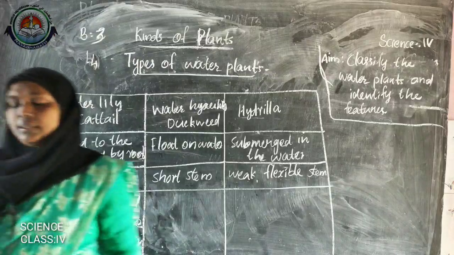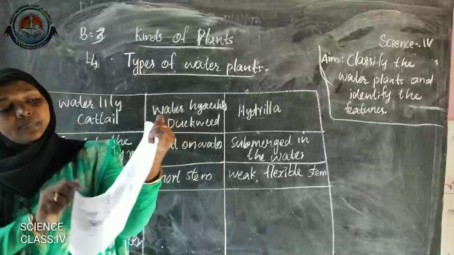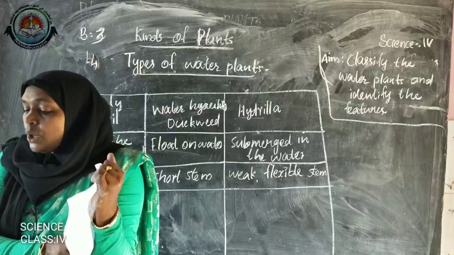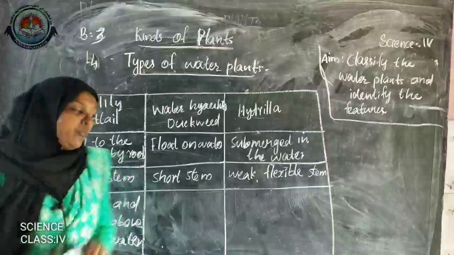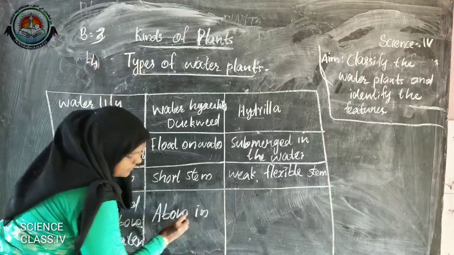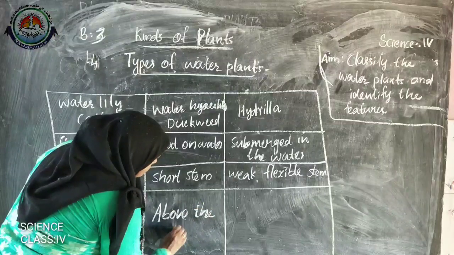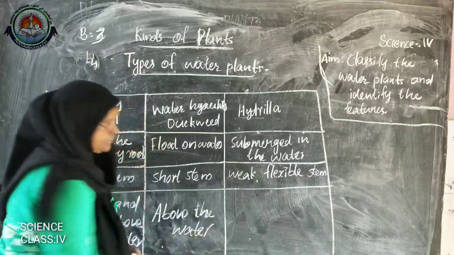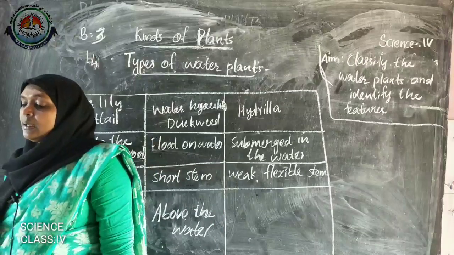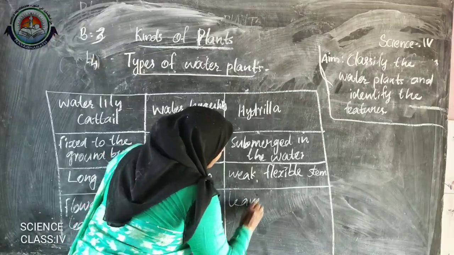Then what about the flowers and leaves in duckweed and water hyacinth? That's also above the water. Okay. Then what about hydrilla? Leaves are under the water.